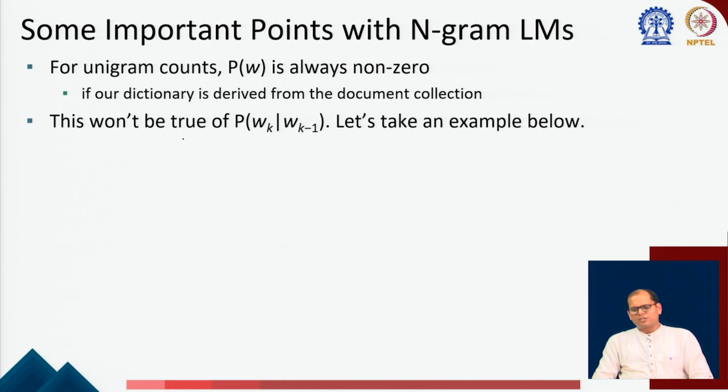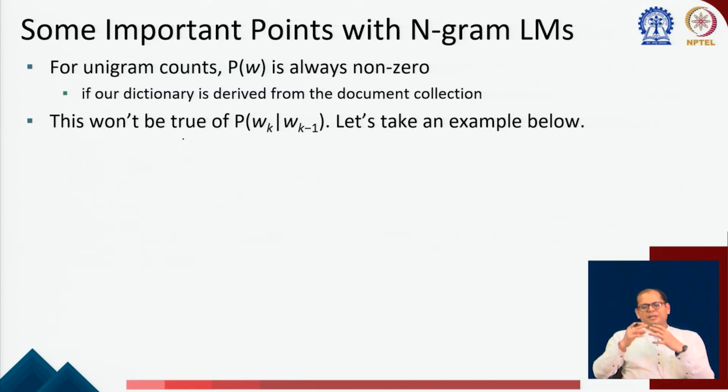So, let us start with this particular issue: why we need smoothing with n-gram language models. When we talk about an n-gram language model, it may be a unigram, bigram, trigram and so on, and finally I need to compute the probability of a word given the previous sequence.